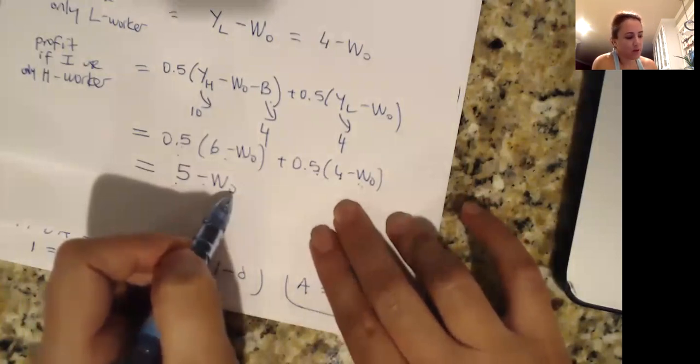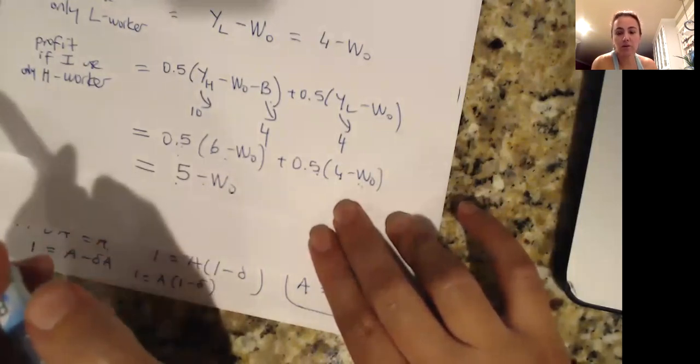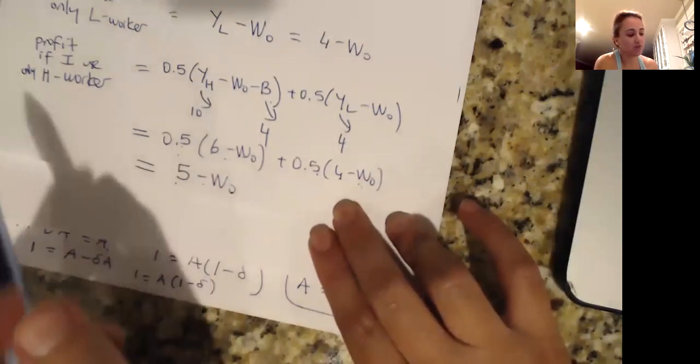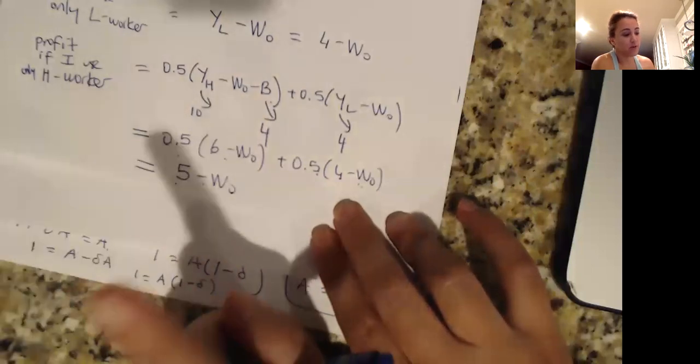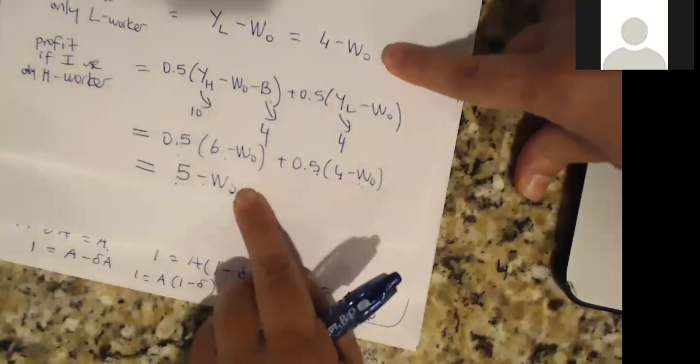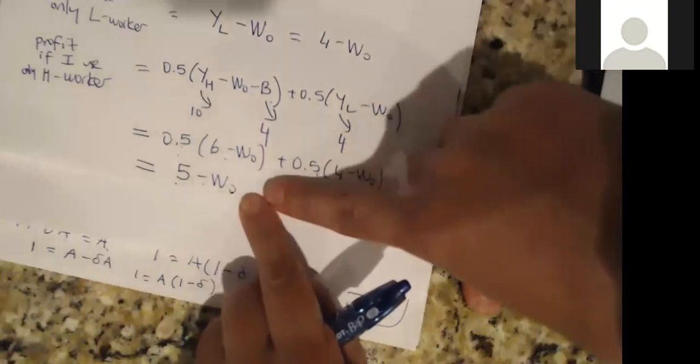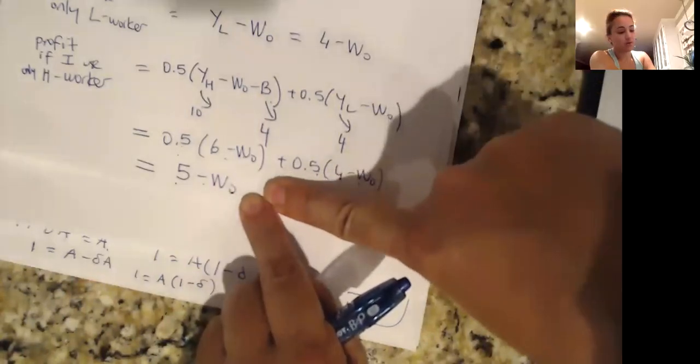Now I'm ready to make the calculation. Do I want an L worker or do I want an H worker? What do you want? You want an H worker, right?